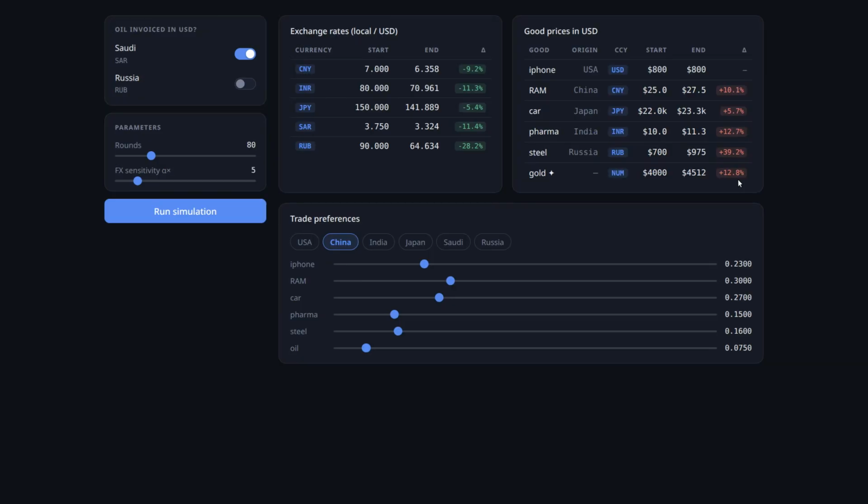Everything not local, everything foreign. Why? Because there's less demand for US dollars, so the US dollar becomes cheaper relatively to other currencies, so other currencies become stronger, so goods from other countries become more expensive.